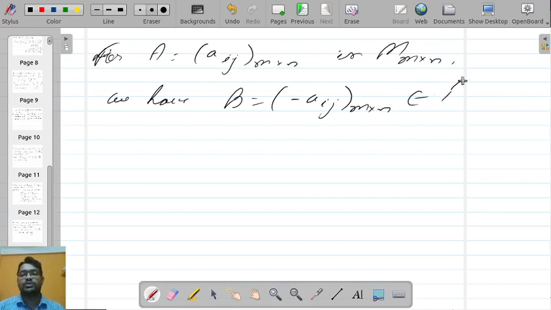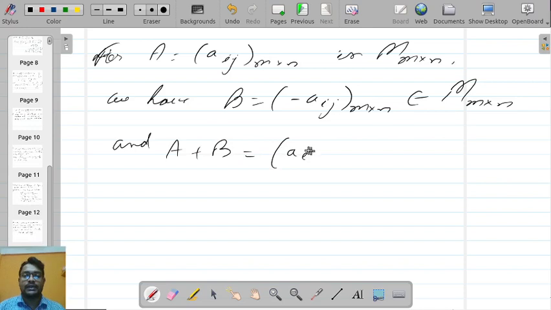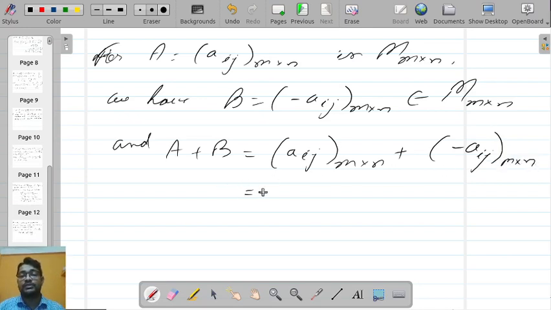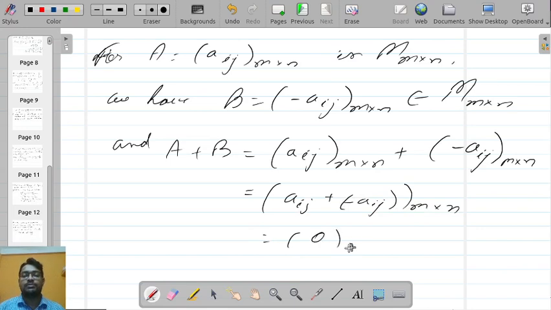This is also an element inside M_{m×n}, and A plus B is equal to (a_ij) plus (-a_ij), which means I have taken a matrix whose elements all have the opposite sign to those of A. If I add these two, I get (a_ij + (-a_ij)) of order m by n, and that is nothing but the null matrix 0 of order m by n.